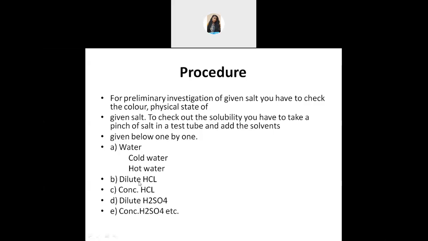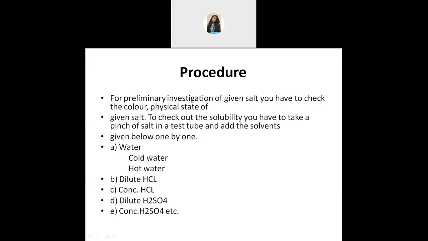These solvents you can use for the solubility test. Next you have to add water first. If you add cold water, then after shaking, if the salt dissolves in cold water, that means the solubility of the salt is in water.